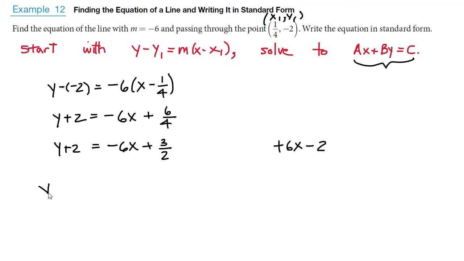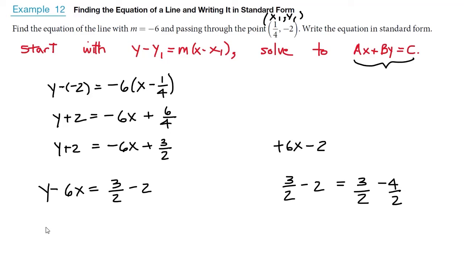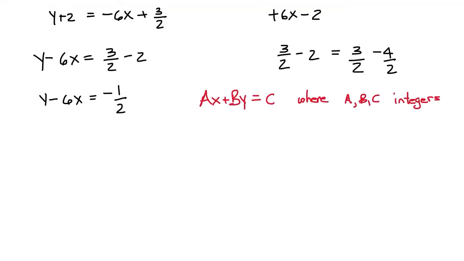So I will have y minus 6x equals 3/2 subtract 2, which of course is 3/2 subtract 4/2. So I have y minus 6x equals -1/2. Remember the standard form ax plus by equals c, where a, b, and c are integers, and I have this fraction here.